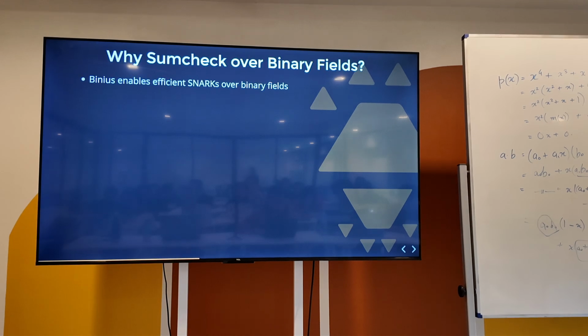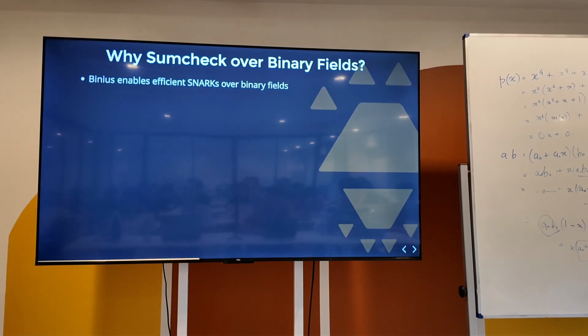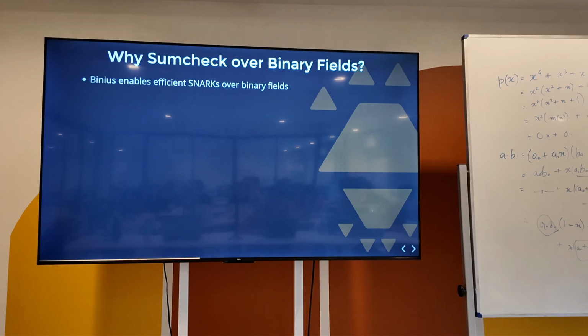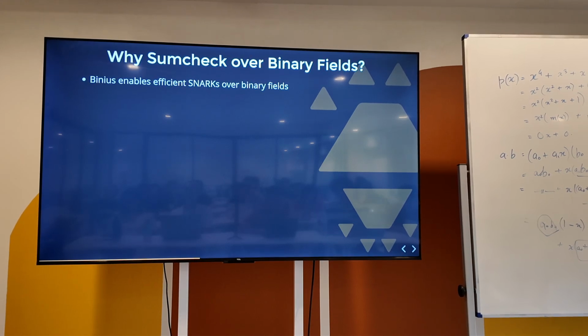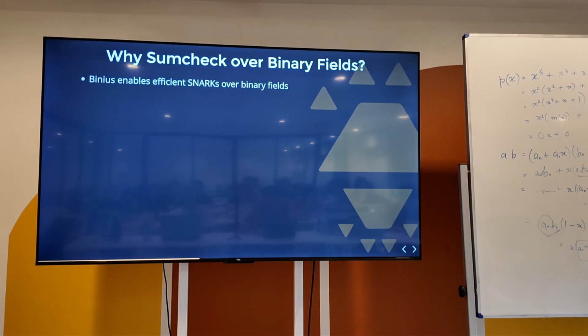We'll work with binary fields, because we see potential that addition and multiplication in those fields is much more efficient compared to traditional fields. So Binius is a new SNARK that gives techniques to develop SNARKs over binary tower fields.